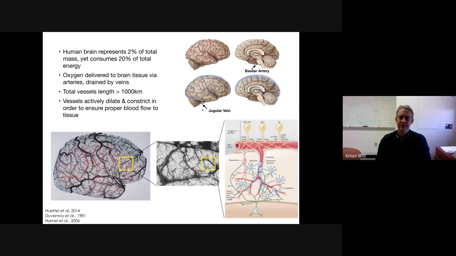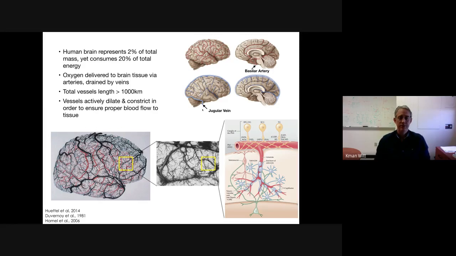Interesting fact that if you take all these blood vessels and piece them together, the human brain has roughly 1,000 kilometers worth of blood vessels. And this is because neuronal computation and calculation requires that oxygen be sent to the brain areas that need it in a very, very quick and efficient fashion.